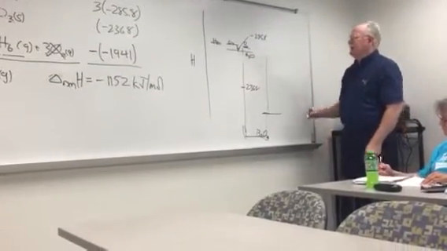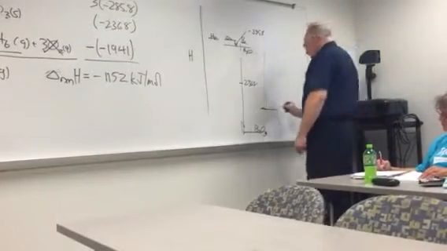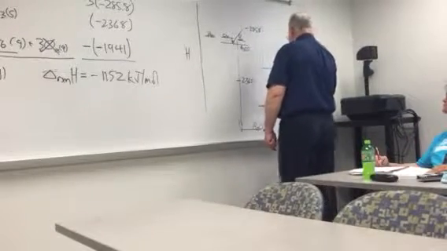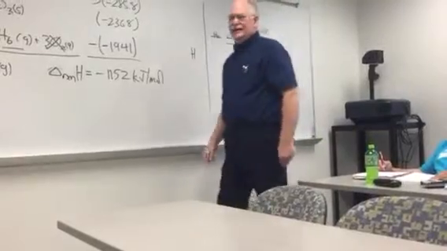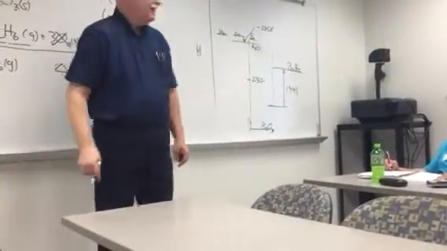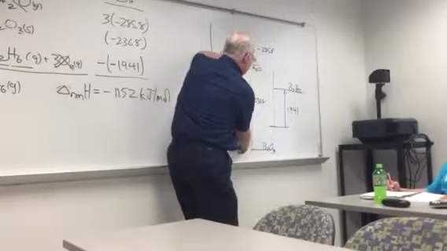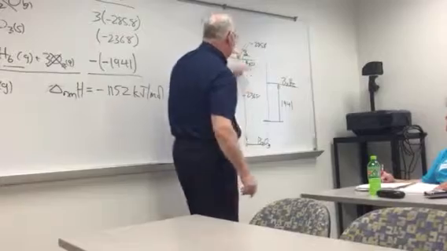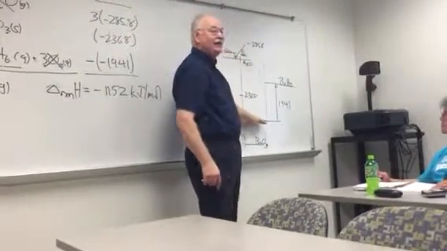And when you burn that, the diborane was 1940 above it. That's kind of complicated because this comes down to form these two different things, but you have to take the weighted average of those. You have one of those and 3 of those. The weighted average is maybe here.